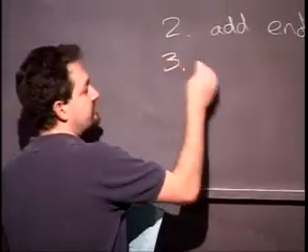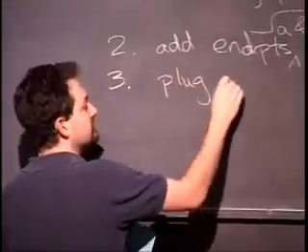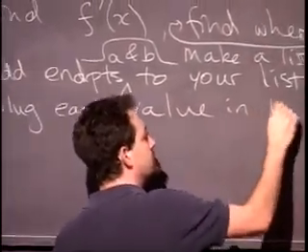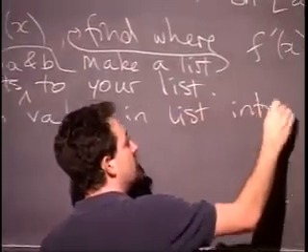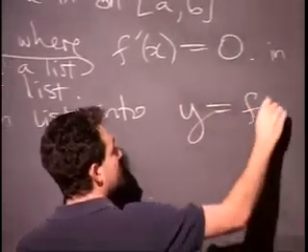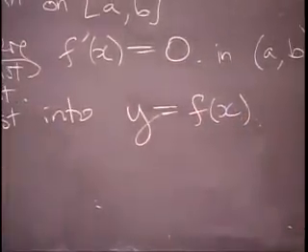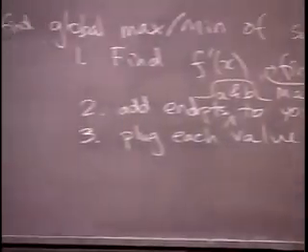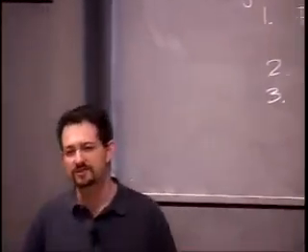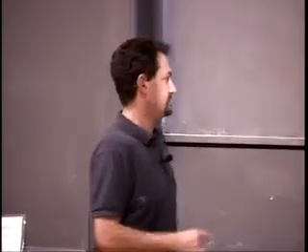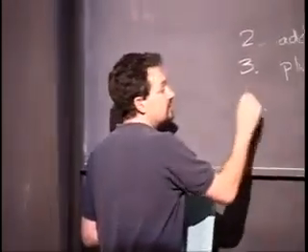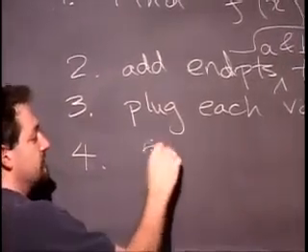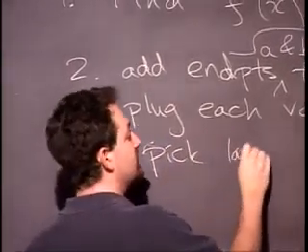Step 3, plug each value in the list into the equation y equals f of x, and not the derivative equation. We're actually going to plug them into the original equation to find out what are the heights of the function at these different points. Step 4 is pick the largest of these values.